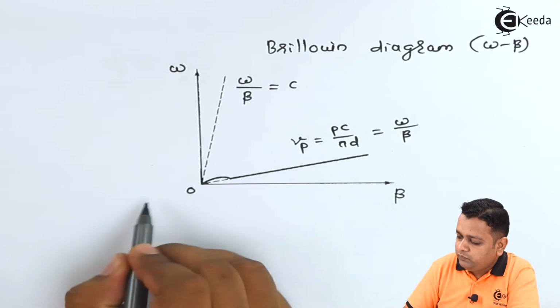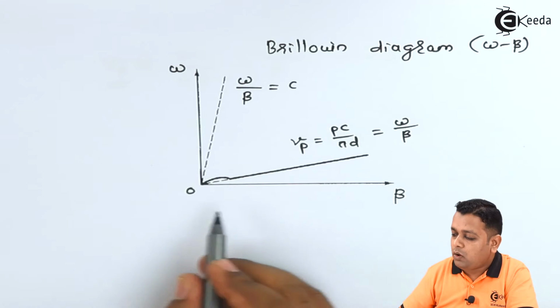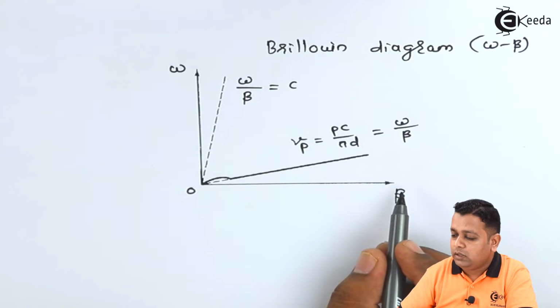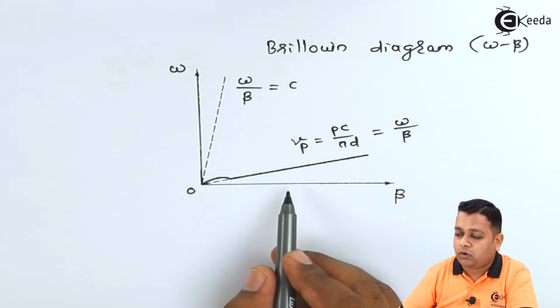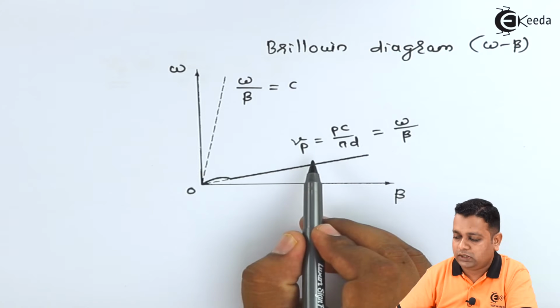Here we have the 0 marking. This diagram is very helpful, as if we have a known value of beta on the horizontal axis, it is very useful for computing V suffix P, the phase velocity.